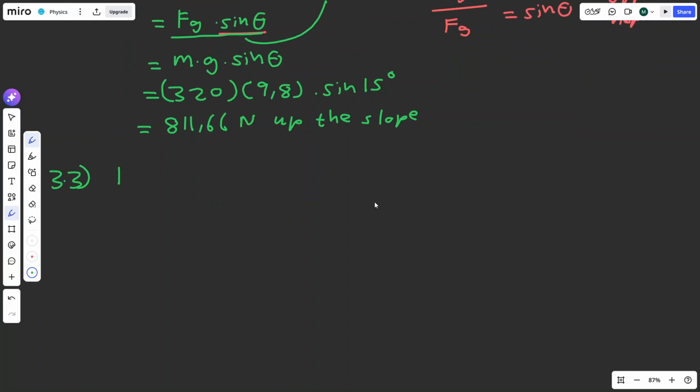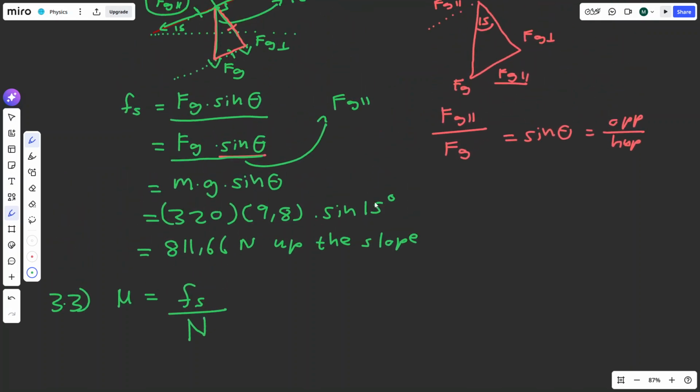So what we want to find is this coefficient, mu, which is equal to Fs, which is the frictional force, divided by the normal force. Now the frictional force, we already have it. It's 811.66 newtons, but we don't know what the normal force is.